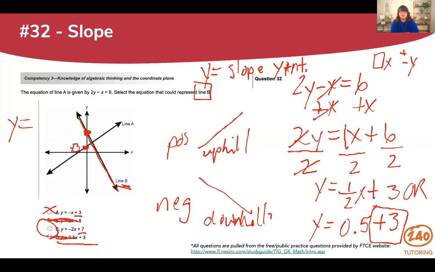It won't be a letter, it'll just be a number. That's what you've got to remember. But if that was all confusing or overwhelming to you, you can give yourself a 50-50 shot of getting this right by just remembering a positive slope runs uphill and a negative slope runs downhill, and then you can narrow it down to A or C. So not as difficult as it looks if you just remember how slope works.